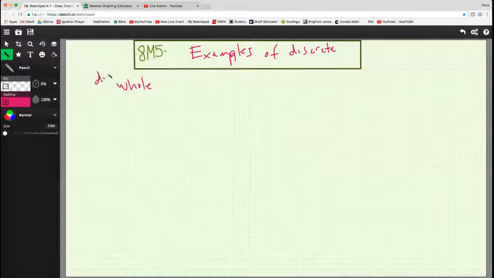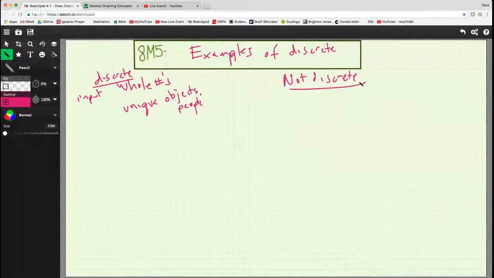Discrete is like the inputs are whole numbers or unique objects or people. And then not discrete is like a continuum of numbers on a range.